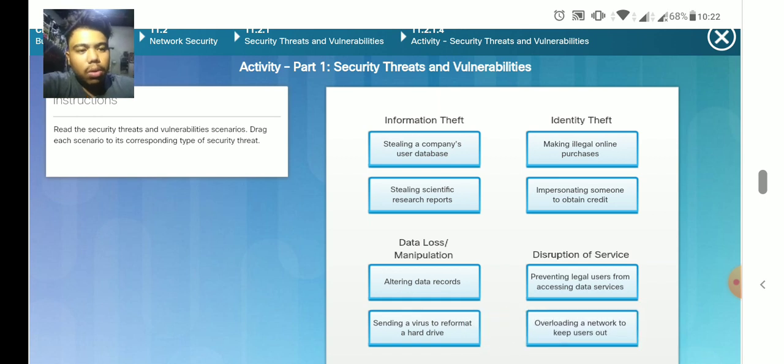Last one, we have overloading a network to keep users out. Some attackers tend to overload a network to keep users out, or to keep the servers down, so they can easily manipulate, get some information, or delete some information from the database of the company.